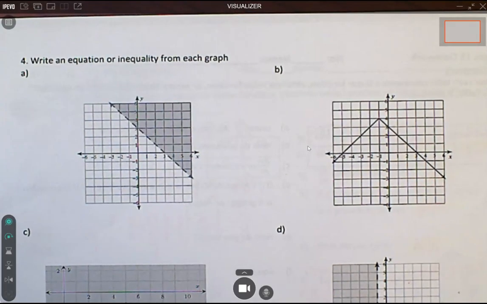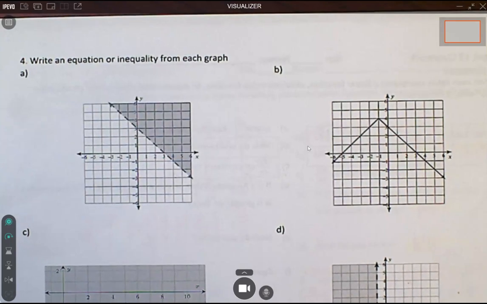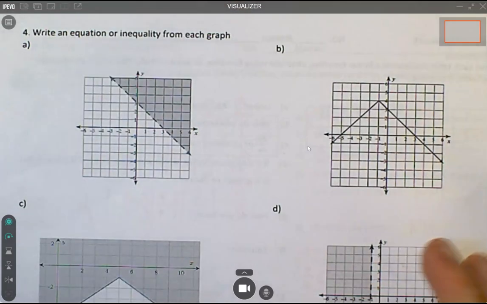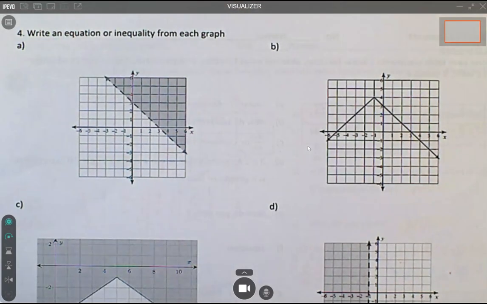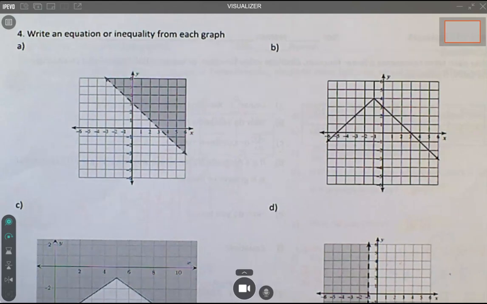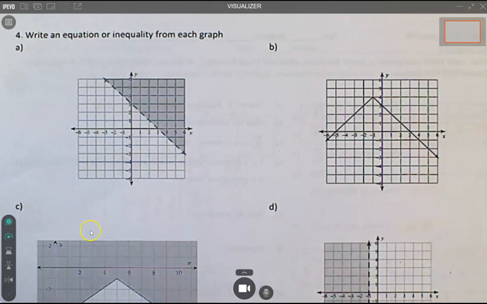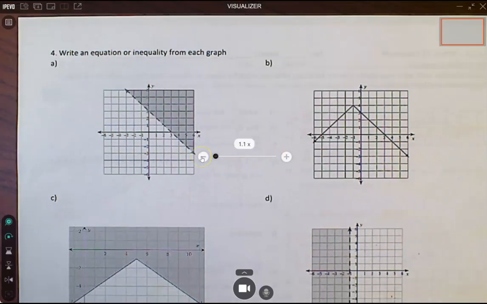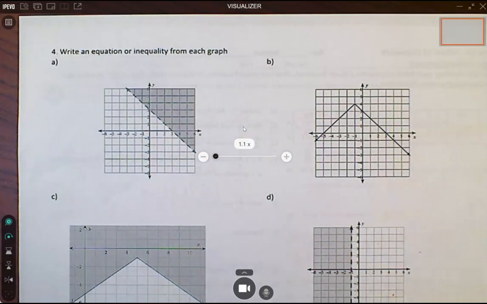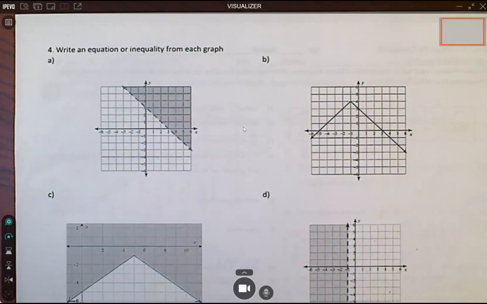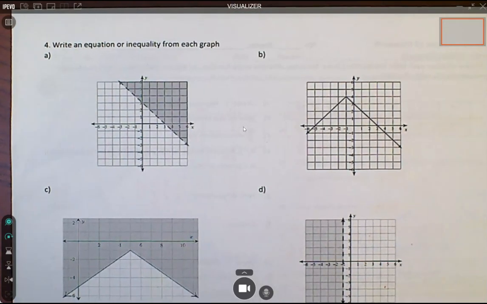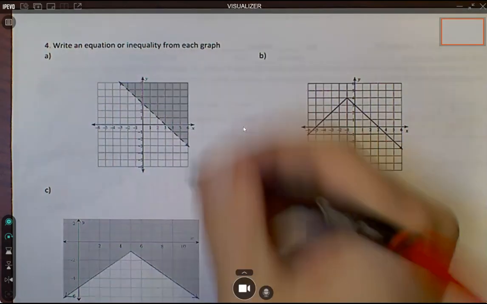That didn't help. Oh, it's because I'm zoomed in. Alright, there we go. Now let's adjust the... Way better.